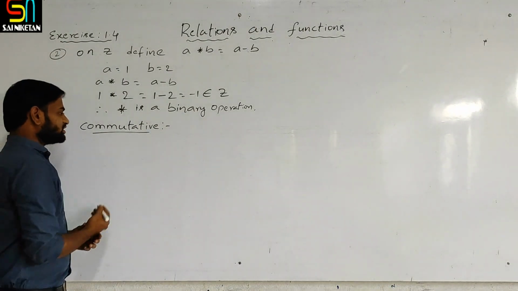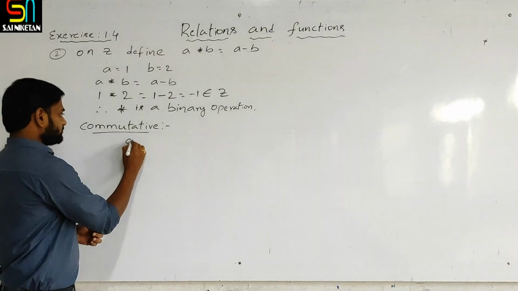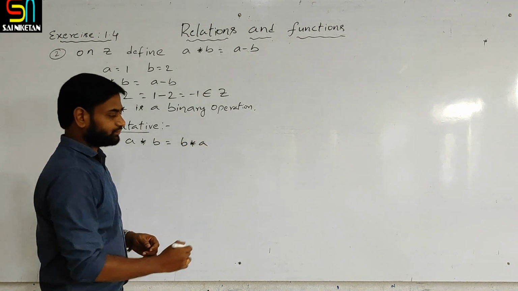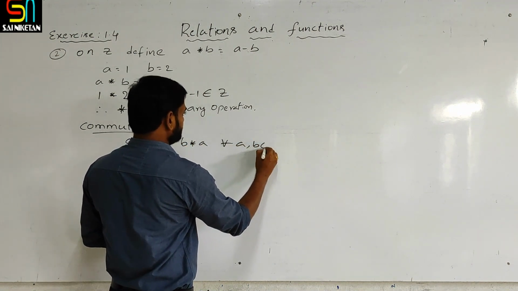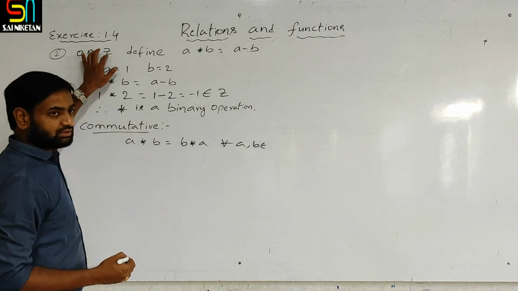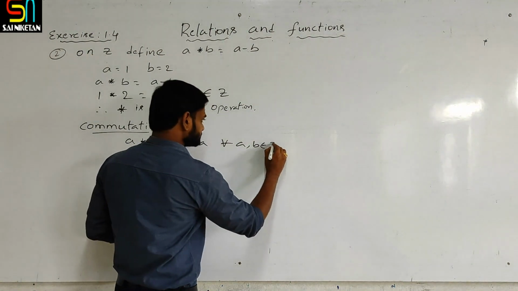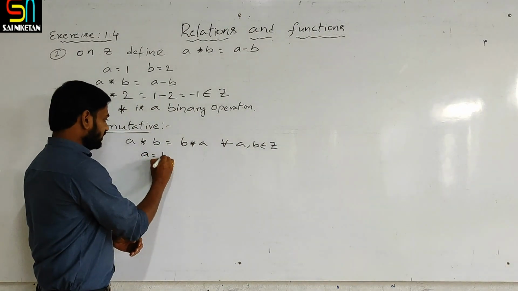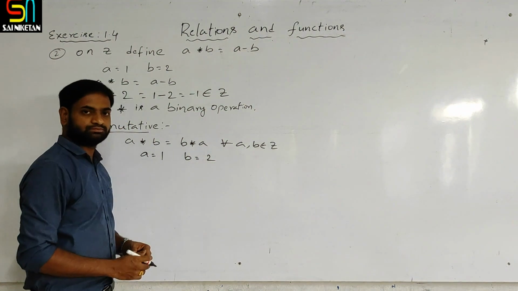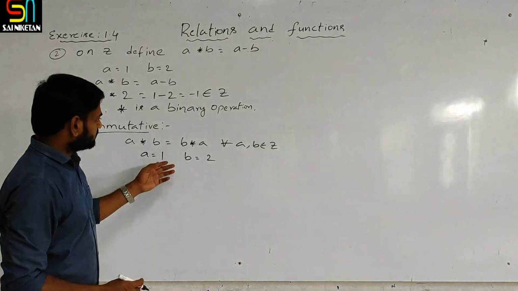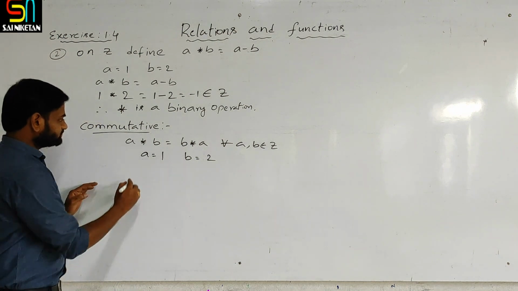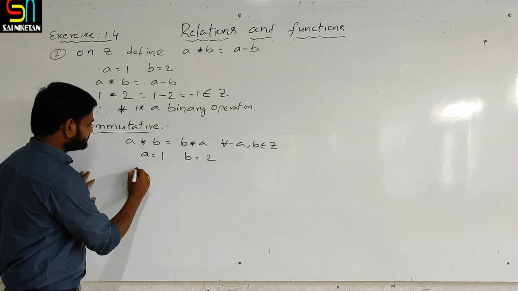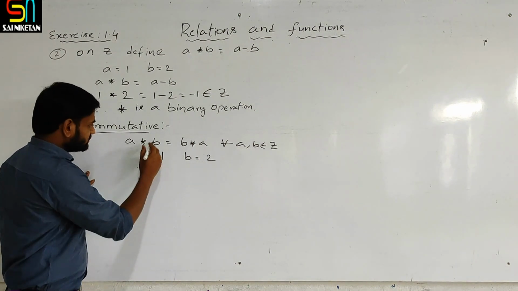Now here, what is the commutative property? A star B should be equal to B star A, for all A, B belonging to which set here? Z. Now see here, A value I am taking 1, B value 2.